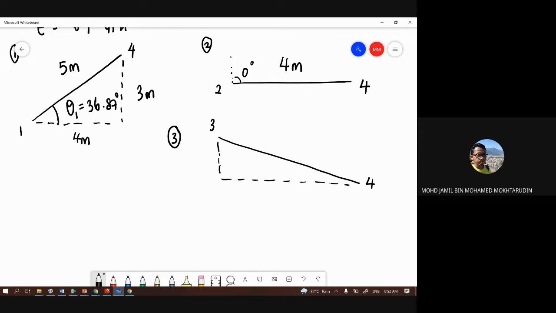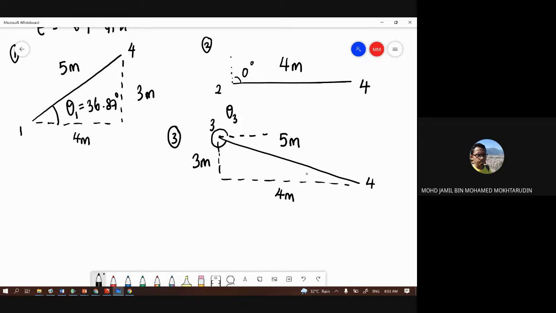The height is 3 meter, the length is 4 meter, so the length of the element is 5 meter using Pythagoras theorem. The angle we need to measure is this. Measure from the x direction and take the angle of the lower number node.